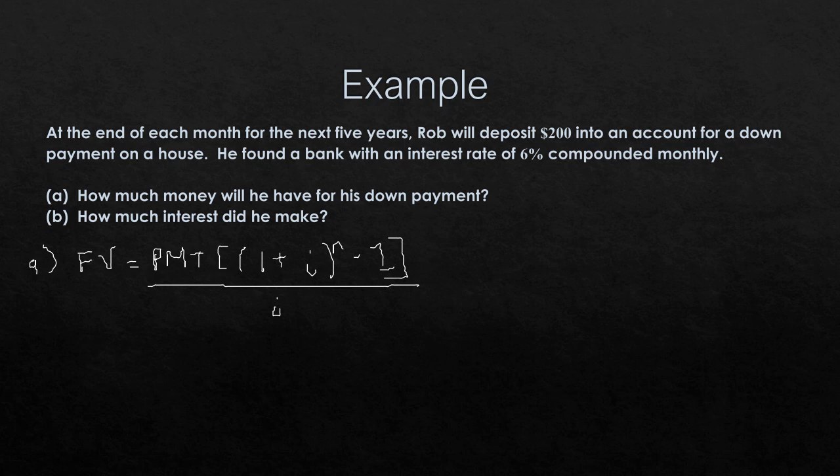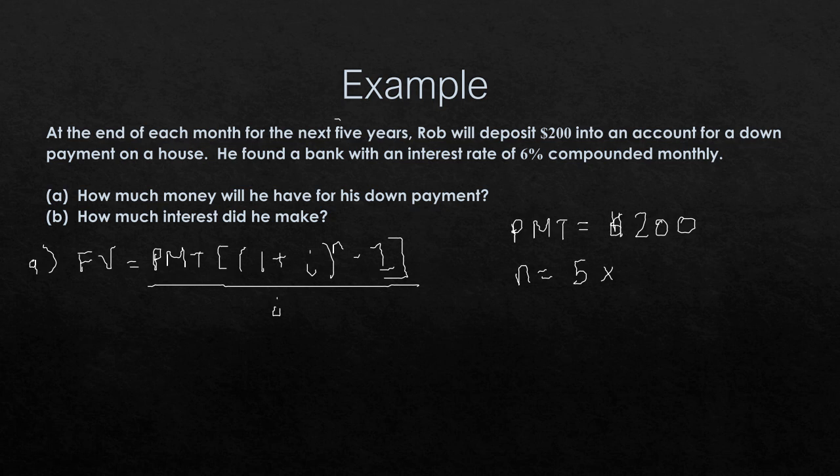So what I'm going to need to do is figure out all of these things. So let's figure out what my payment amount is. Well, it says that Rob deposits $200. So that's his payment amount that he's depositing. And for N, we know it's the number of years. So at the end of each month for the next 5 years, we have 5 years, and then we're going to figure out the compounding period.